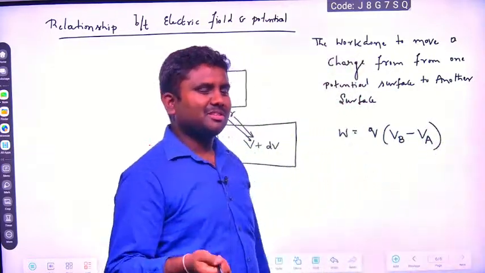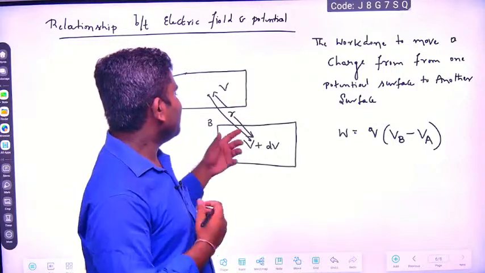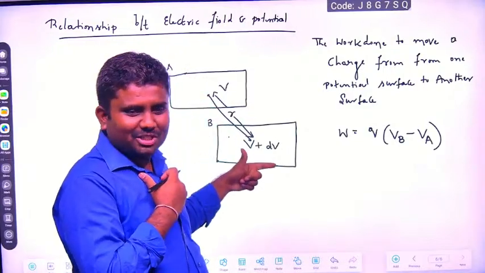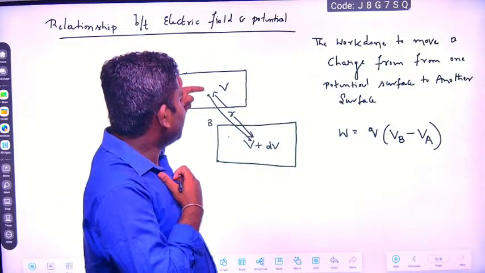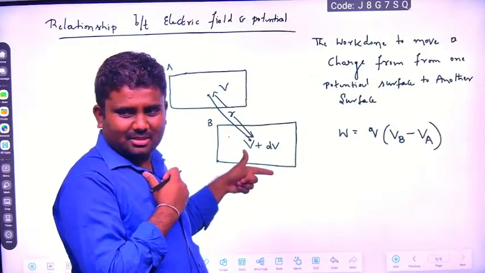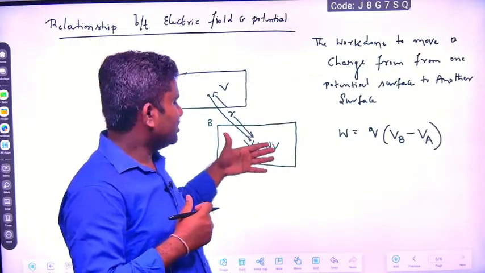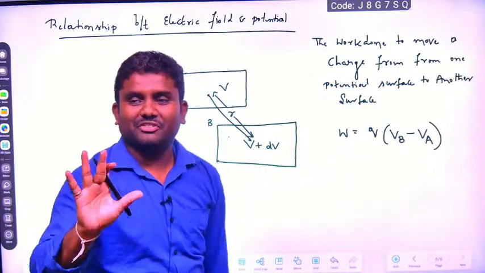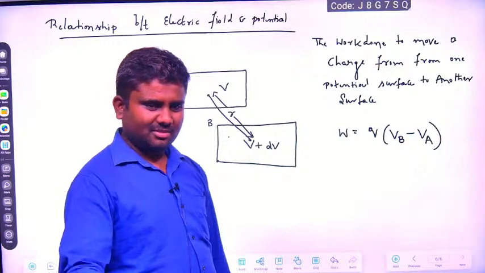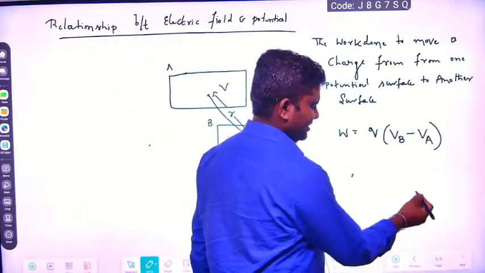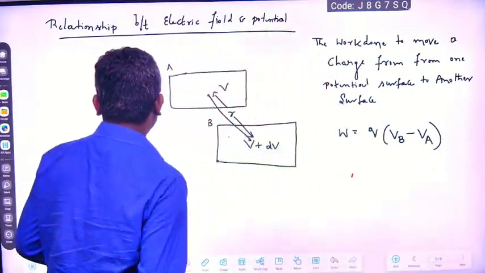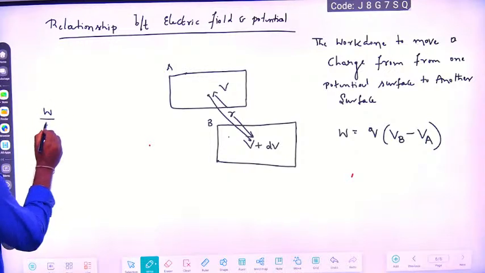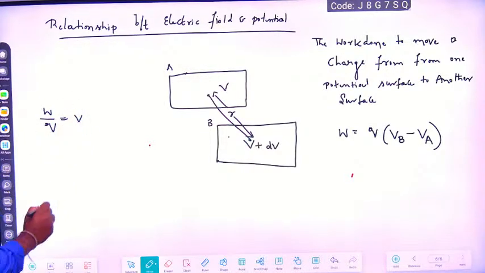Sir, VB minus VA or VA minus VB? We are bringing a charge from lower potential to higher potential, from this plate to this plate. Which is higher potential? VB. This difference is the potential difference. How many times have I said that work done per unit charge is potential?